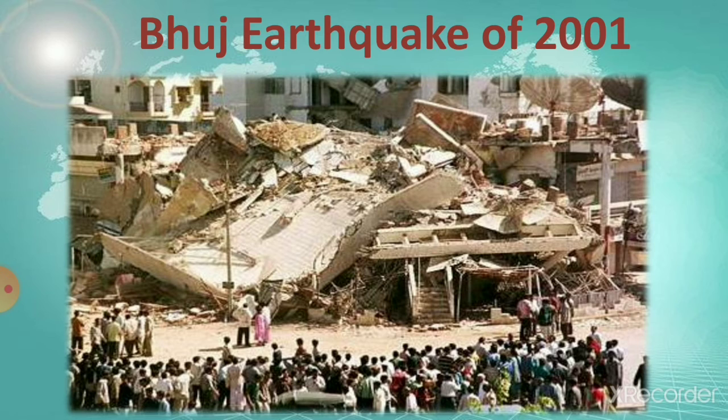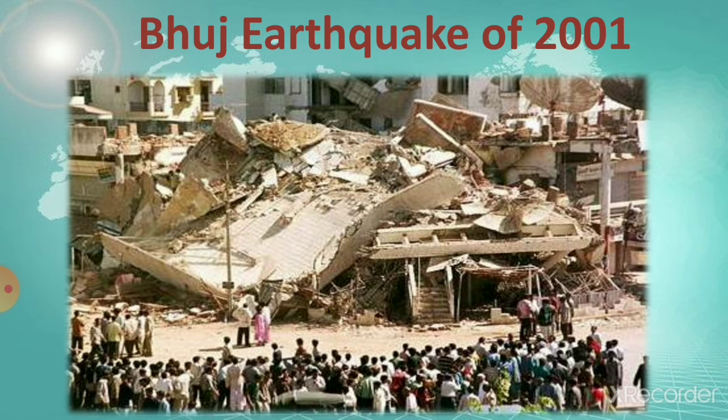Bhuj Earthquake of 2001. A severe earthquake struck the Kutch region of Gujarat at 8:45 am on 26 January 2001. It lasted for almost a minute, right? So it was one of the devastating earthquakes experienced by the Kutch area of Gujarat.